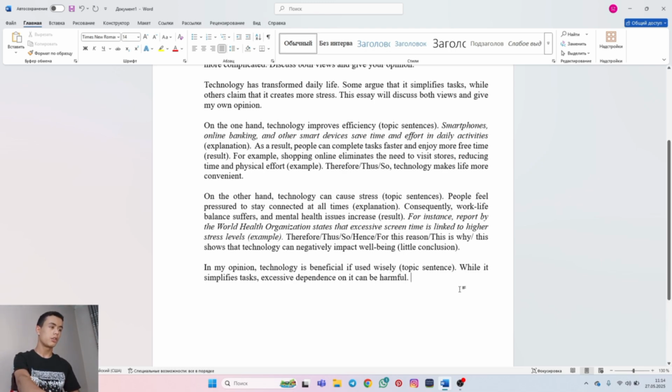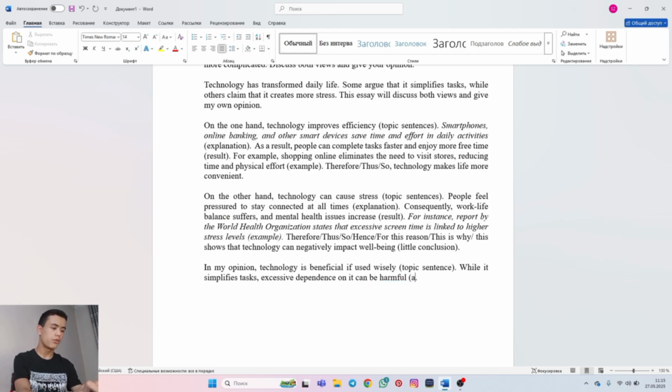Here we have given a full explanation from this body and this body. While it simplifies tasks, this is what we have talked about here, and excessive dependence on it can be harmful. This sentence is what we have talked about in the second body, and this is our explanation.